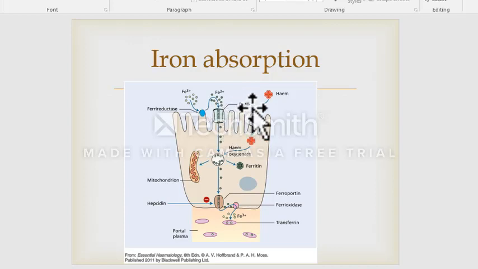Divalent metal transporter 1, sorry, not cytochrome B. Cytochrome B is basically ferric reductase enzyme. This divalent metal transporter 1 is also present on other cells where iron is required.